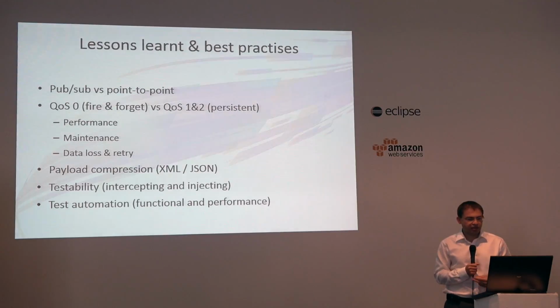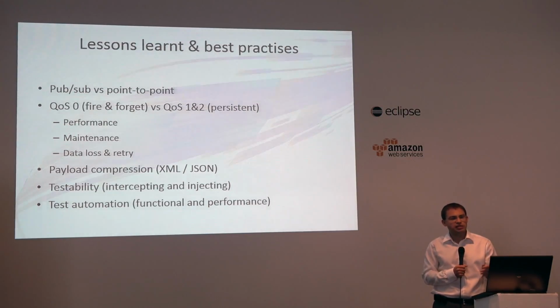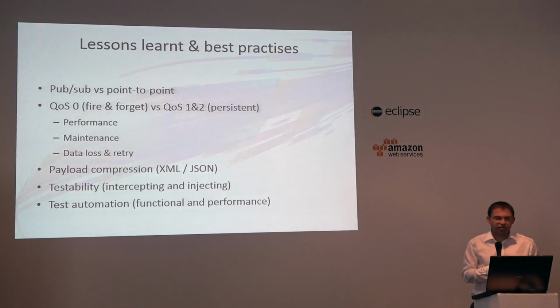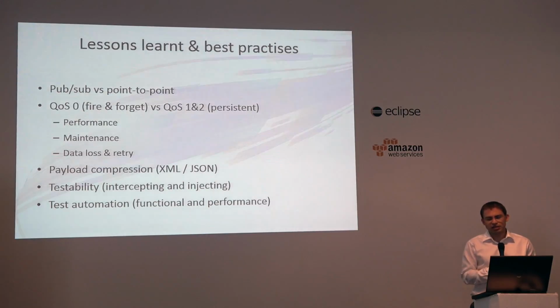And then the second key thing is quality of service. If you dive into messaging a bit more, there are two ways of doing it. One is something called fire and forget, or QoS zero, and one is persistent messaging where you've got guaranteed delivery. On one hand, you would think that yes, you want guaranteed delivery provided by the messaging layer.